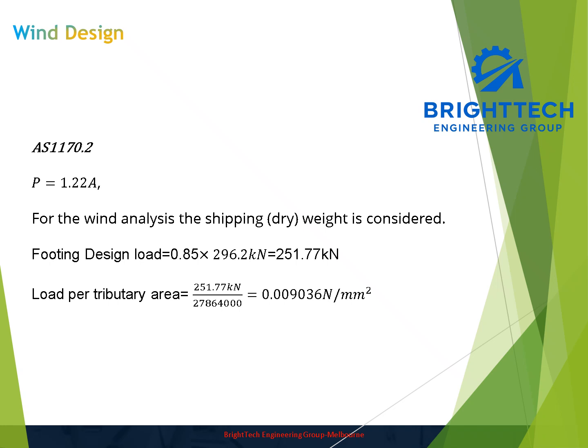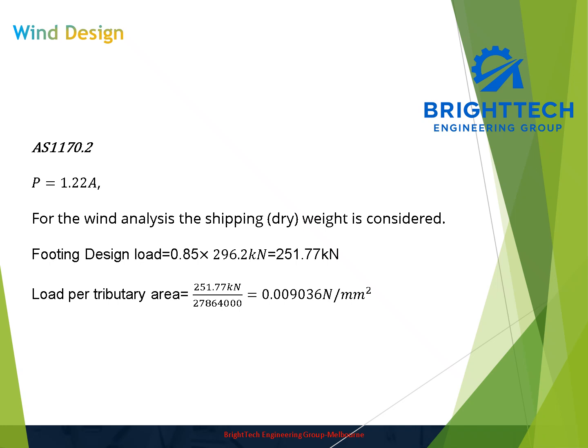Because the lower the weight, the higher the probability of overturning or failure. So to be on the conservative side for the design, we consider the dry weight of the structure for the wind design, while for the earthquake design, we use the operational weight, which is greater.